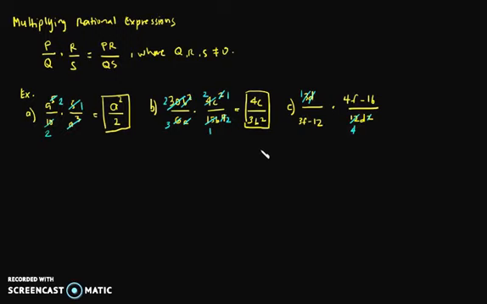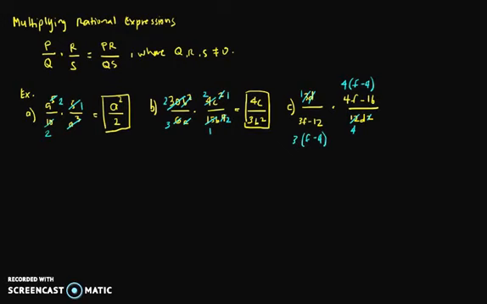Looking at the numerator and the denominator, I can factor this one out. The common factor here is 4, so that gives me 4 times f minus 4. And for this one, the common factor is 3, that gives me 3 times f minus 4.